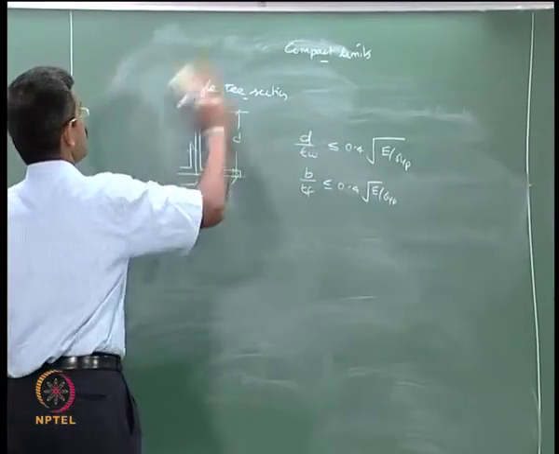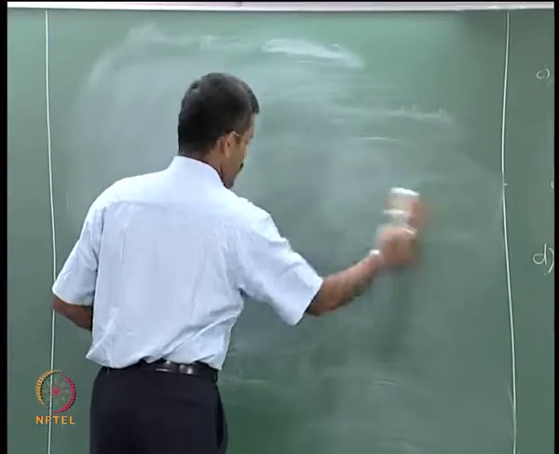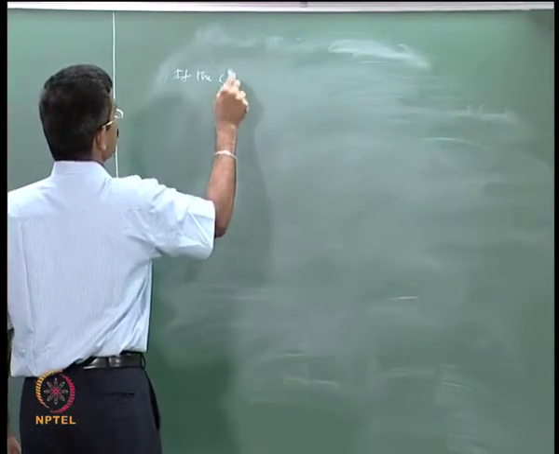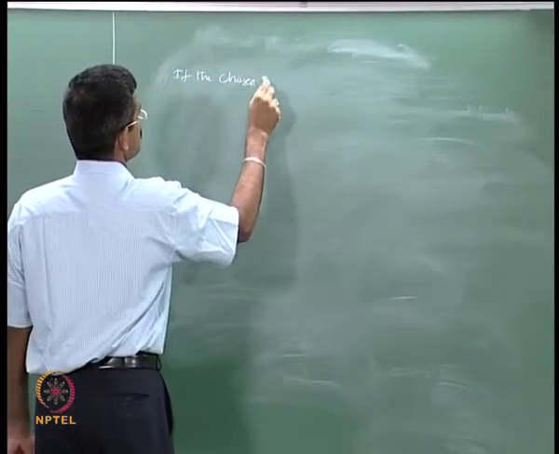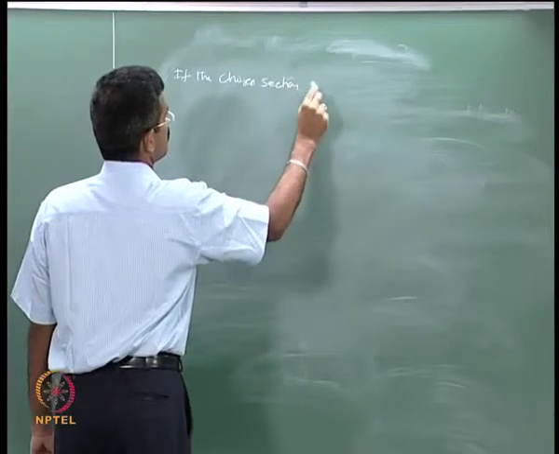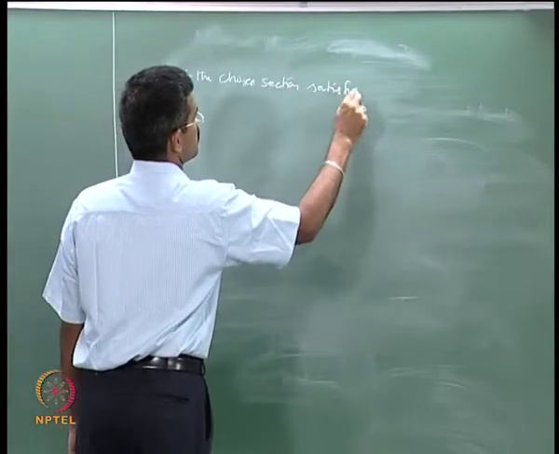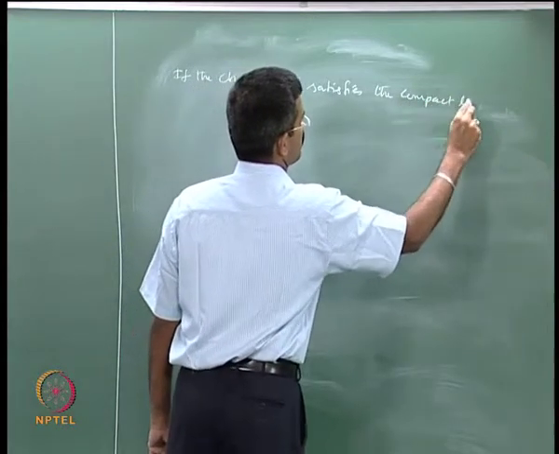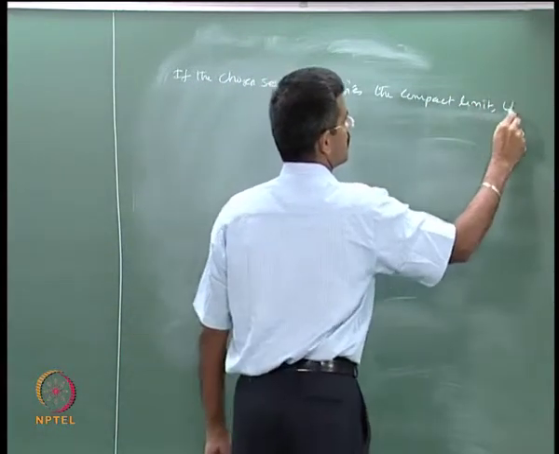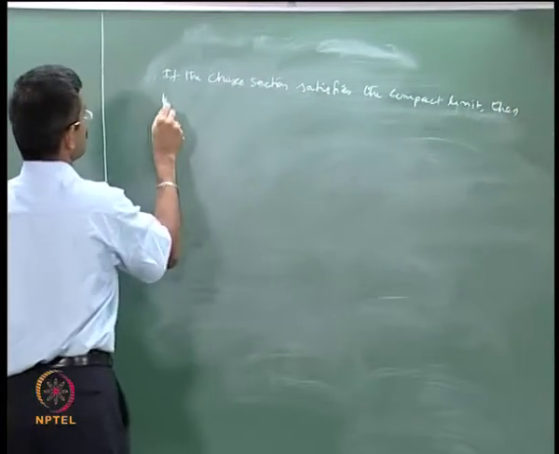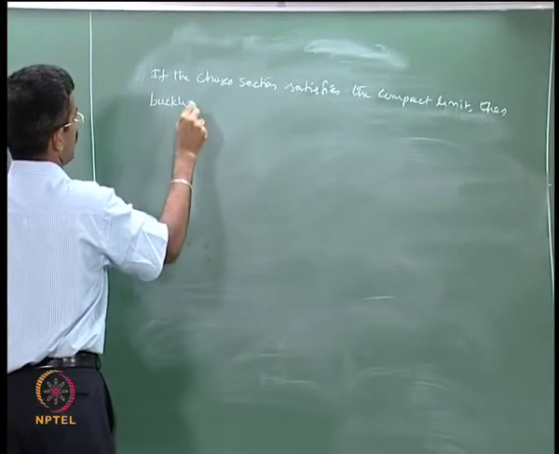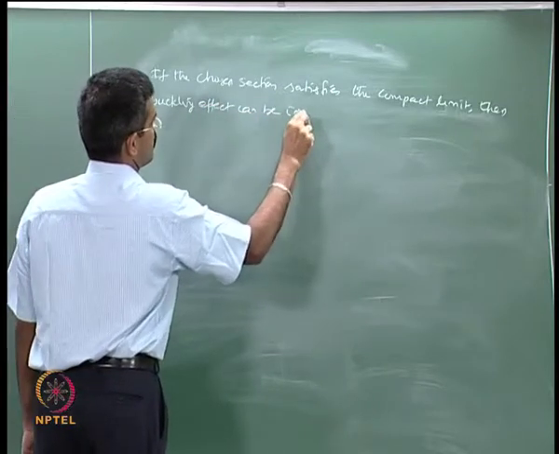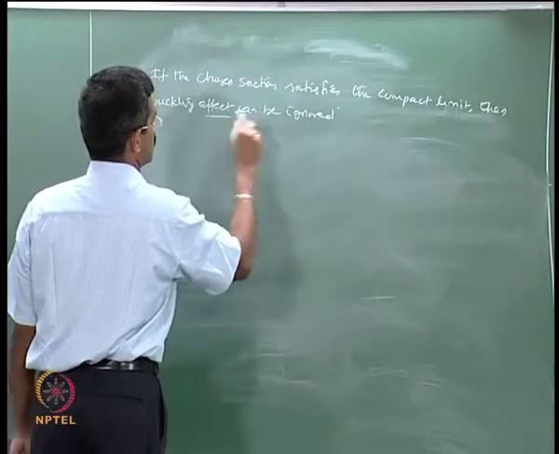So, we reiterate the fact that if the chosen section satisfies the compact limit, then buckling effect can be ignored. That is the recommendation of the code, okay, can be ignored.